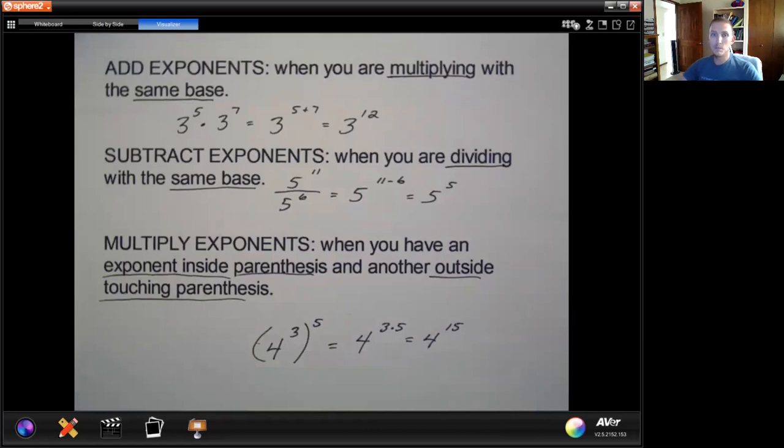Now there are going to be some special case scenarios with all of these. What happens if you're multiplying exponents and one of the exponents is 0? Well, anything times 0 is 0. What happens if I have negative exponents? And that's something we'll explore as we go through. All right. So let's go ahead and put a couple more examples in here for you.